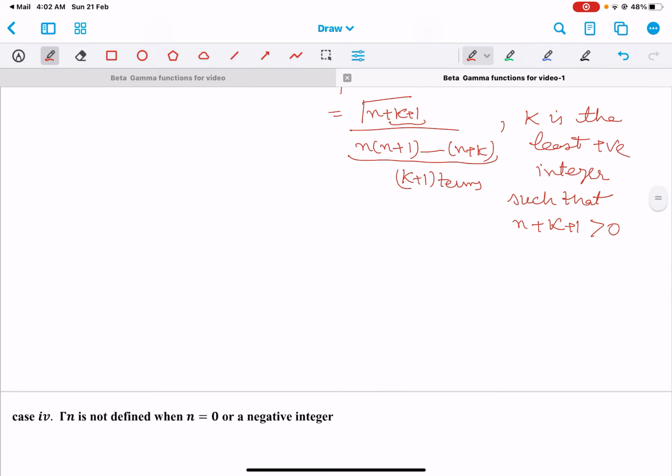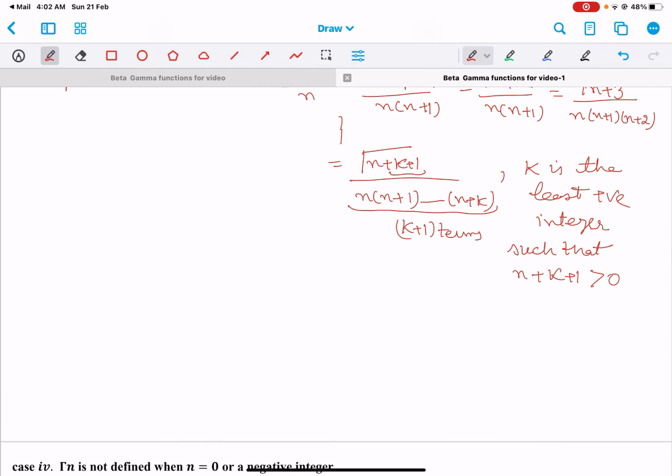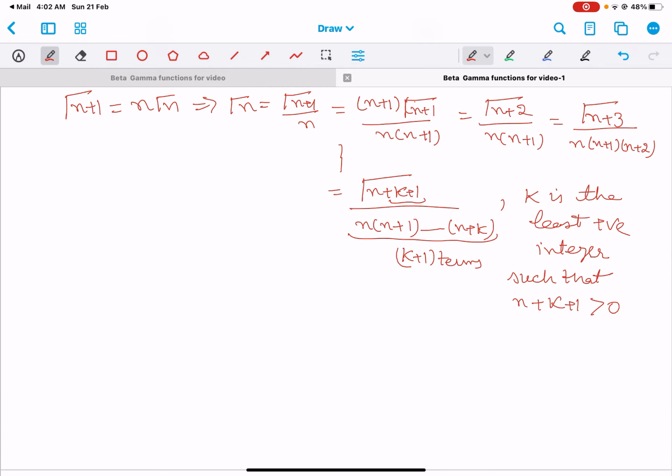So see an example. Suppose I want to evaluate gamma of minus 2.5.